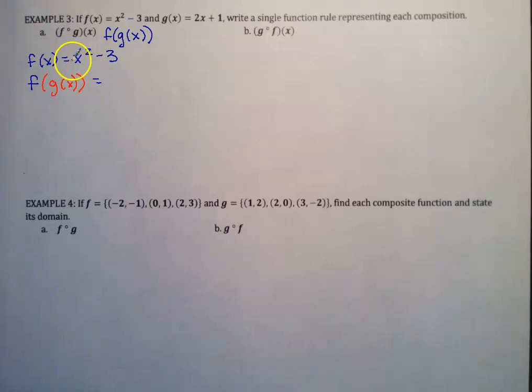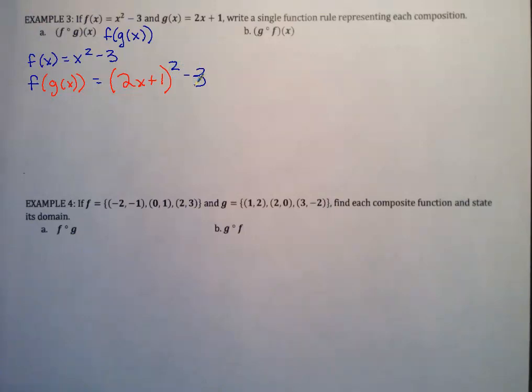So in place of x, I'm actually going to put my g of x. So the quantity 2x plus 1, that's my g of x, squared and then minus 3. So this is the same one we did earlier, right?